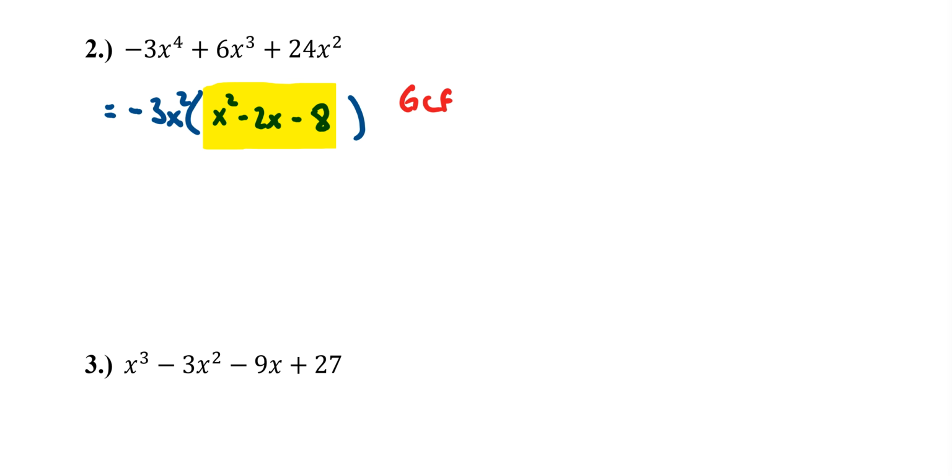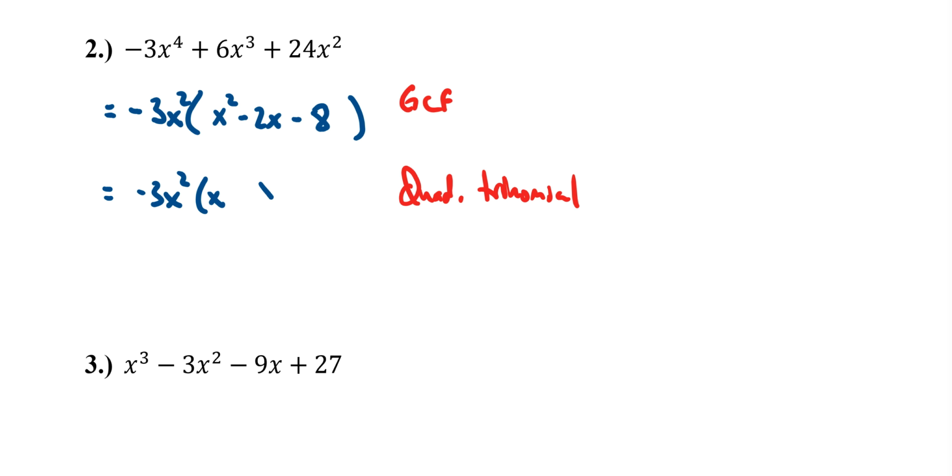We can factor the x squared minus 2x minus 8. This is the quadratic trinomial technique. That's what I always just call it, the quadratic trinomial technique, where if this factors, you need to think about 2 numbers. Since this has a coefficient of 1 on the x squared, let me just rewrite this down so I don't make it more confusing.